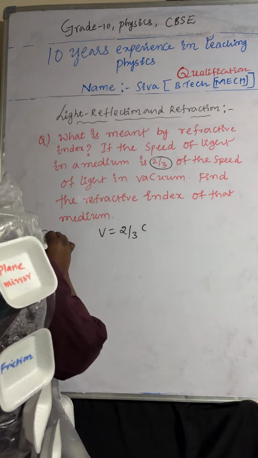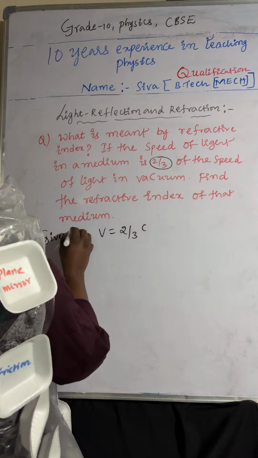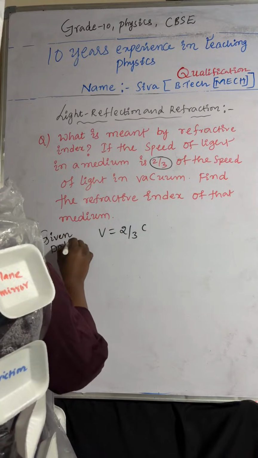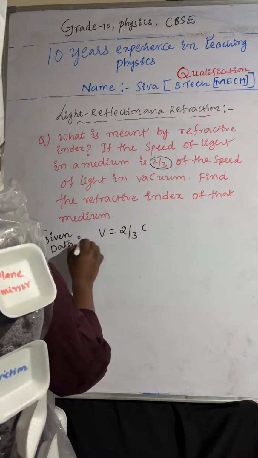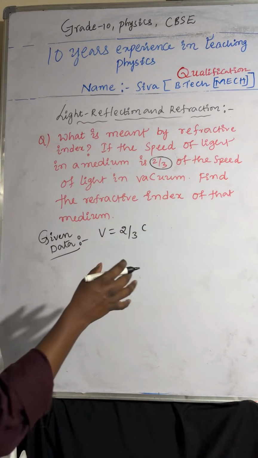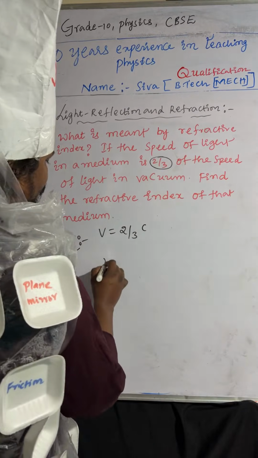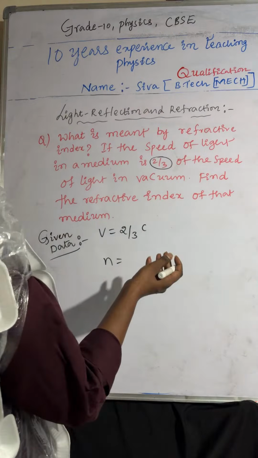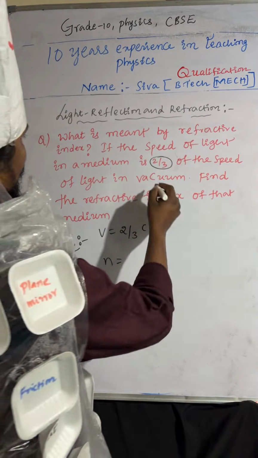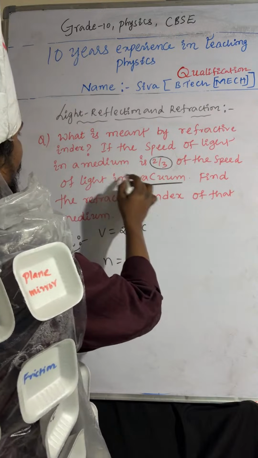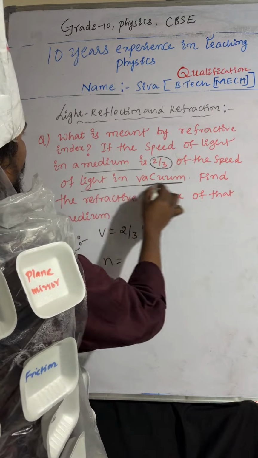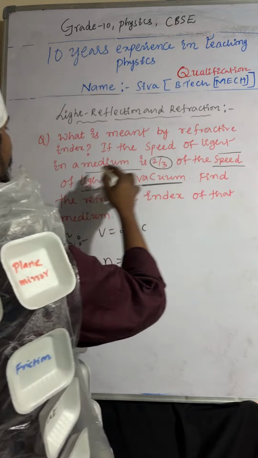Now the formula for absolute refractive index. Why are we taking the absolute refractive index? Because it is compared with the speed of light in vacuum.